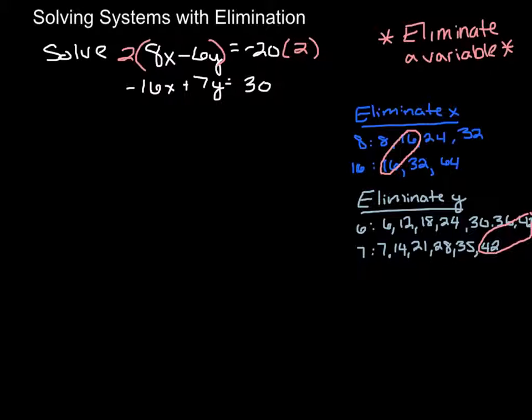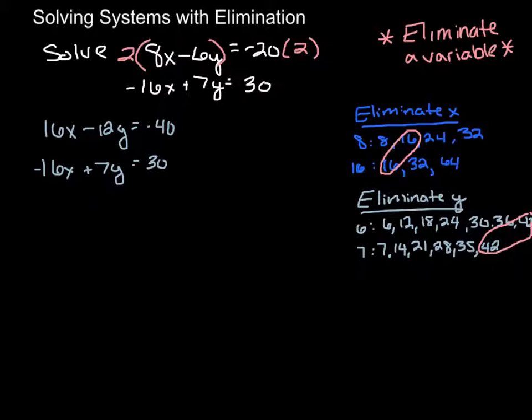So 2 times 8x is going to be 16x. 2 times negative 6y is negative 12y. And then negative 20 times 2 is negative 40. Bring down the original second equation. Okay.